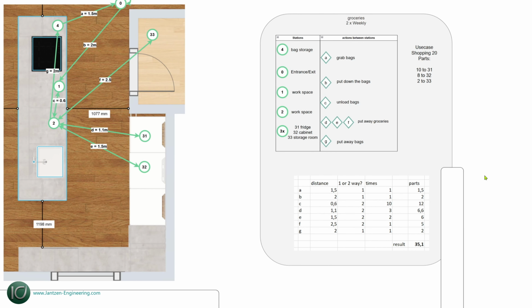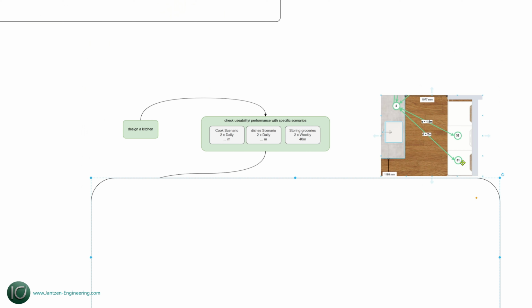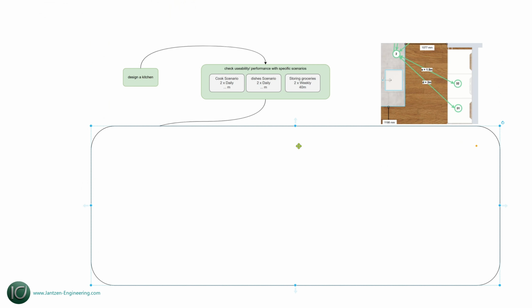Let me give you some hints and motivation for executing such an exercise on your own project. I had an initial design where my fridge was at the bottom of the kitchen. This is 31. And the same scenario resulted in a 40-meter distance for an average grocery storing activity.